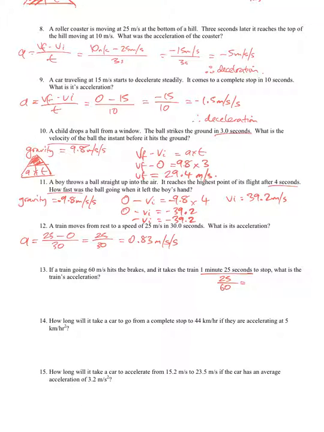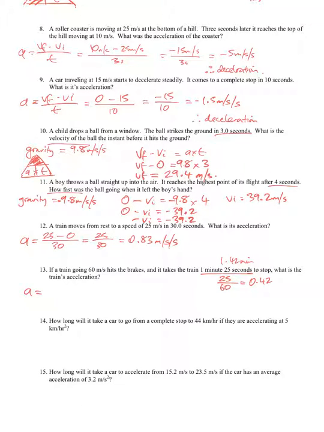So 25 divided by 60, just grab the calculator again, is 0.42. So 1 minute 25 seconds is 1.42 minutes.